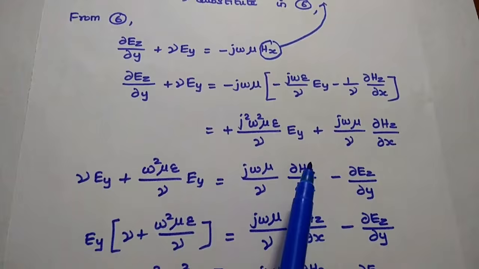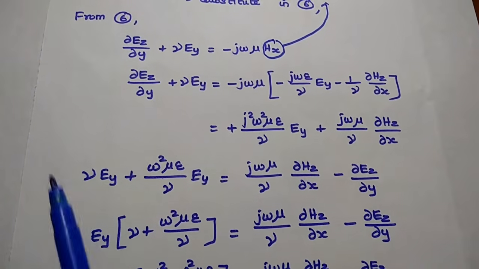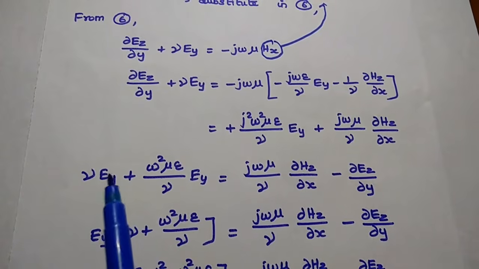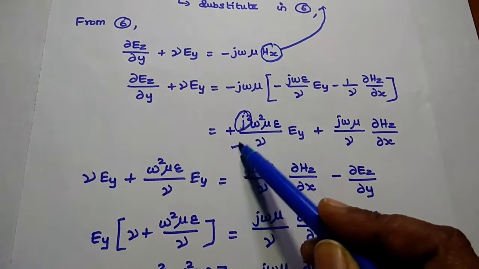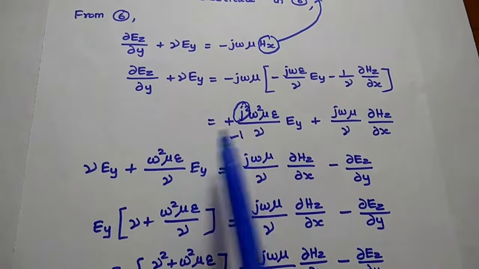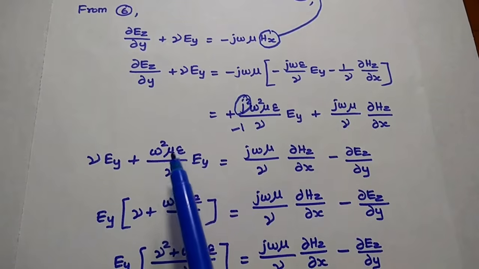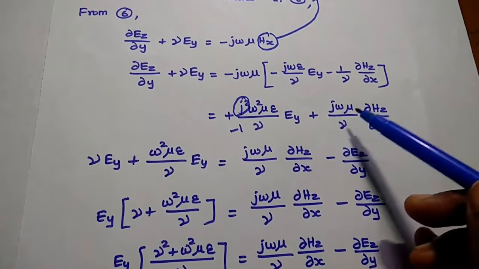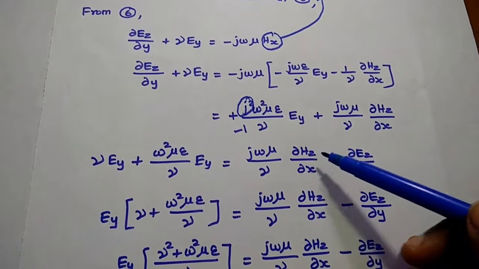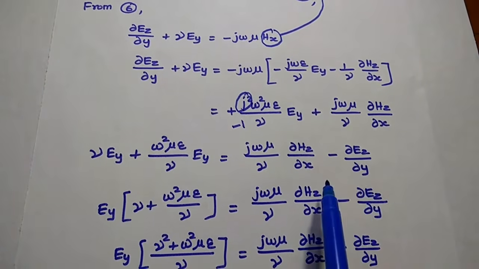Okay. Then we are going to move this Ey term to this side, because we are going to keep all the Ey terms on the left hand side. Here j squared is nothing but what? Minus 1. Then this term becomes plus on this side. So gamma Ey plus omega squared mu epsilon by gamma Ey is equal to j omega mu by gamma dou Hz by dou x, and this term becomes minus dou Ez by dou y.